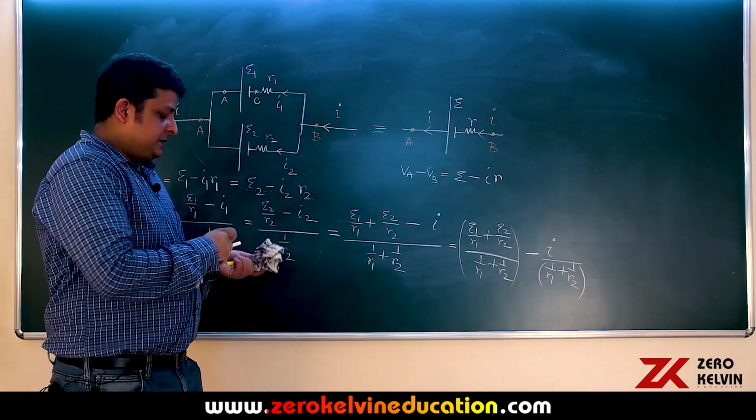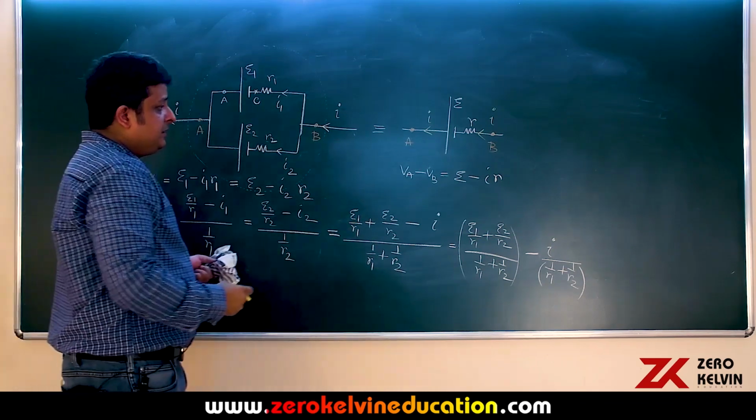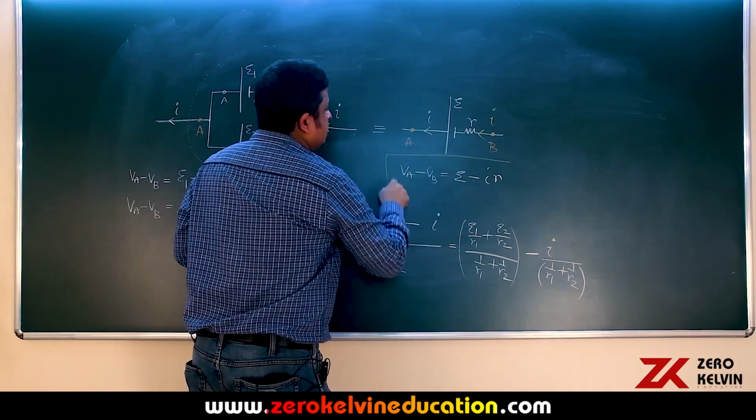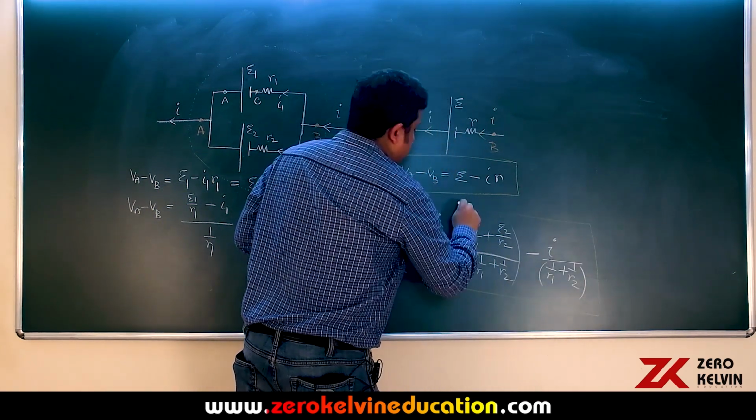Now, we have to compare these equations. That is VA minus VB, and this equation is also VA minus VB.